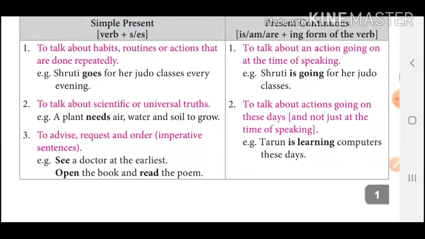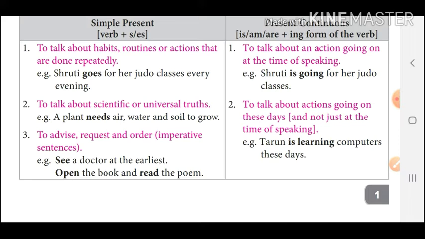Now come to the second point. Simple present tense is used to talk about scientific or universal truths. Example: a plant needs air, water, and soil to grow. Another example: the earth moves around the sun. The sun rises in the east.